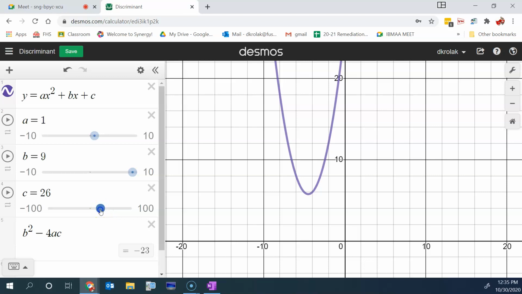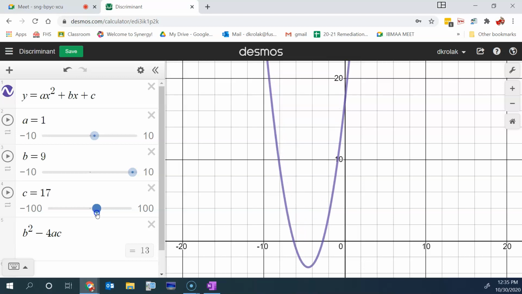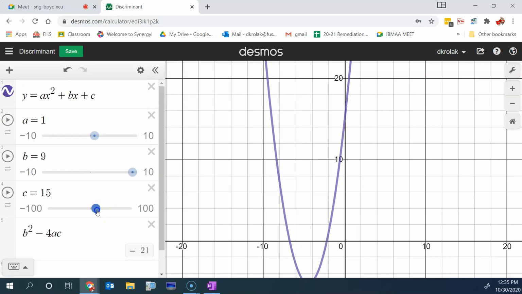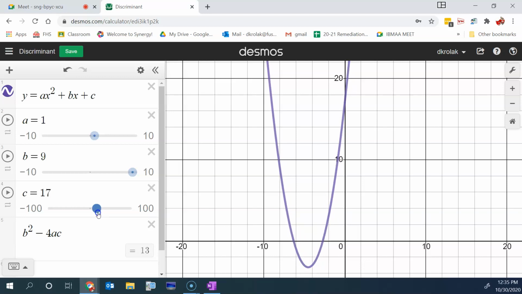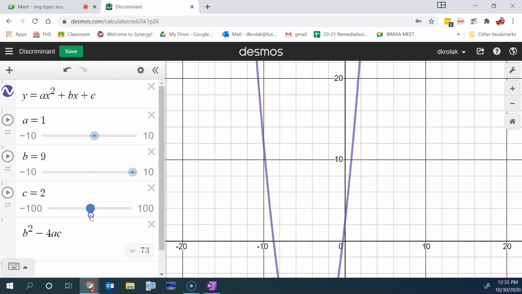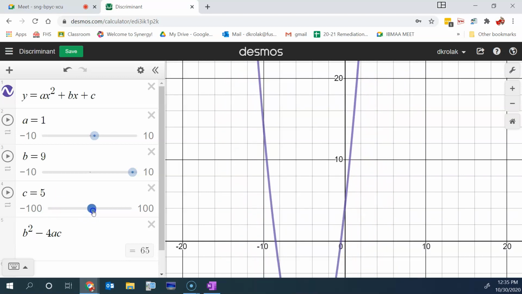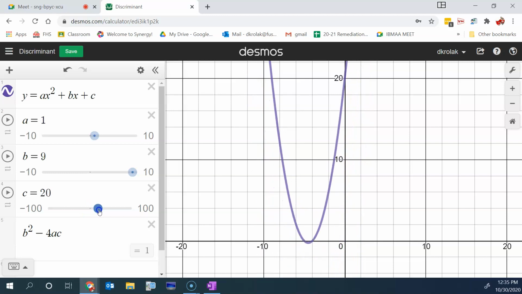Okay, so when C is 26, it doesn't have any roots. Oh, now it's got roots. Okay, and then once I get smaller than, looks like around 17 or so, or 20, it starts to have roots. Okay, so we want to find out what this exact number is. That's what we're going to do right now.